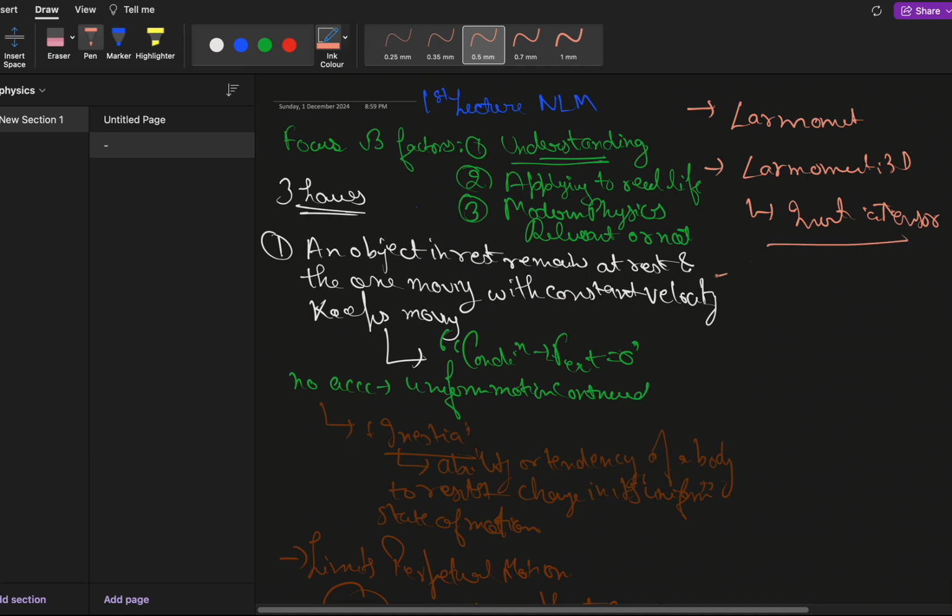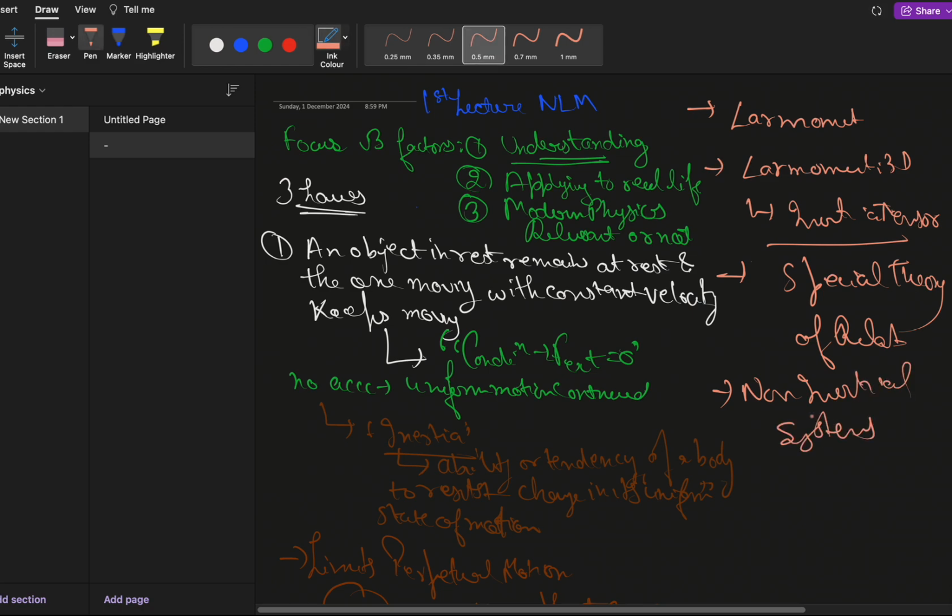Don't worry about what a tensor is for now. We'll be covering special theory of relativity by a new approach, non-inertial systems, and also simpler things like linear momentum, conservation of linear momentum, and rigid body dynamics, and we'll also be solving questions on all these things.